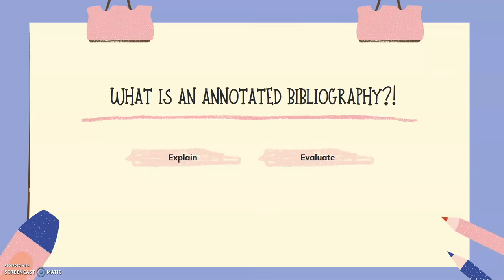It's not a bibliography, it's not a works cited, it is an annotated bibliography. And that annotated means that you have to first explain what the source is and then evaluate the source. And that means answering how you used it in your NHD project, how it helped you better understand your NHD topic, and why you chose to include it in your NHD project.